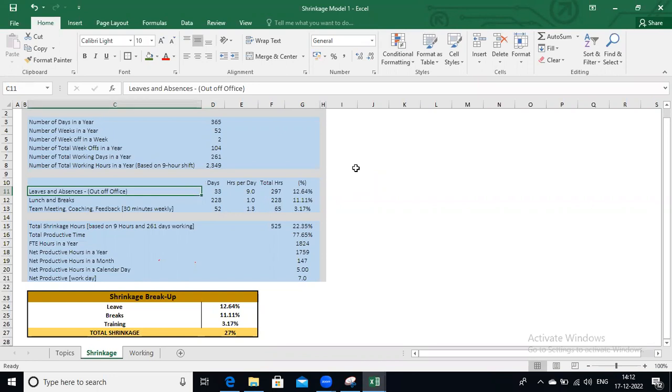When we are planning for a new process, we do not have any trained data, so this is how we decide our out of office shrinkage. So we subtract the 33 days also? Yes, we subtract 33 days. Okay, got it, that is out of office shrinkage. Hope it is clear. All clear. Now coming to the in-office shrinkage.